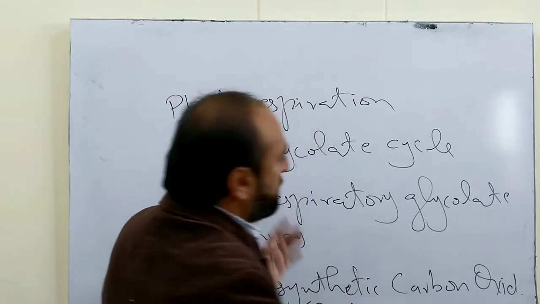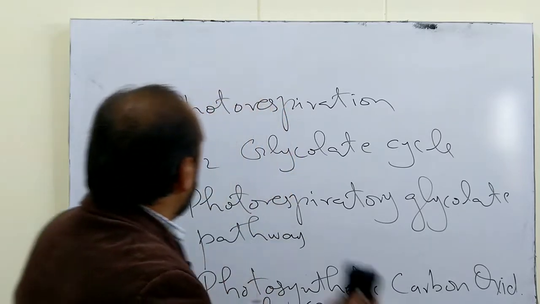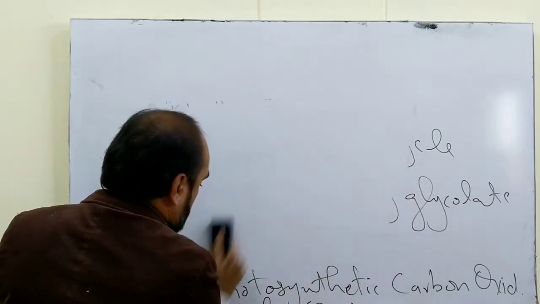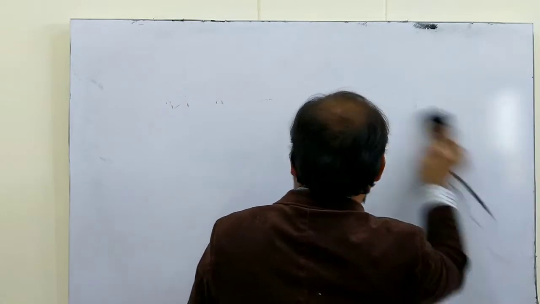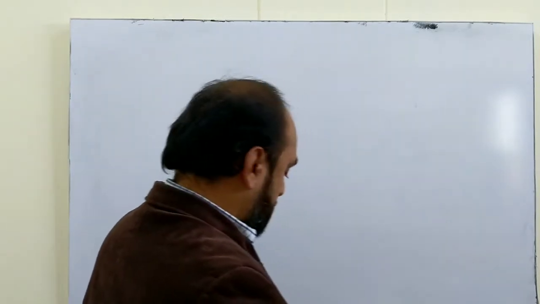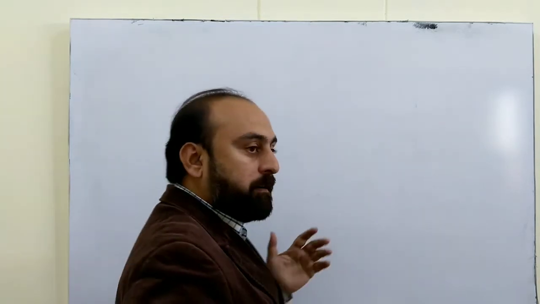So there are different names to refer to this phenomenon. Let me write down the complete cycle, showing how plants get rid of this toxic glycolate compound.